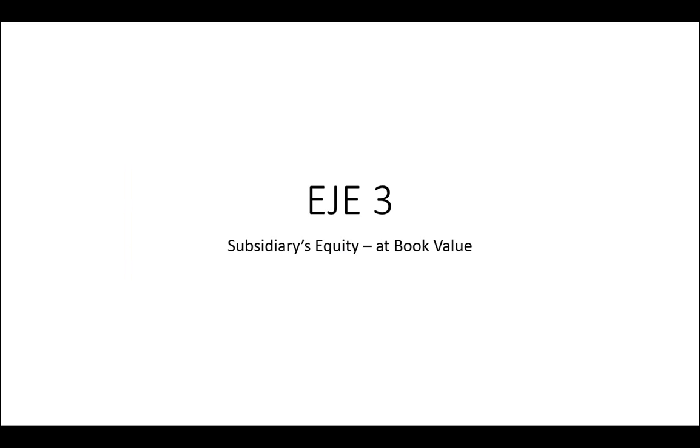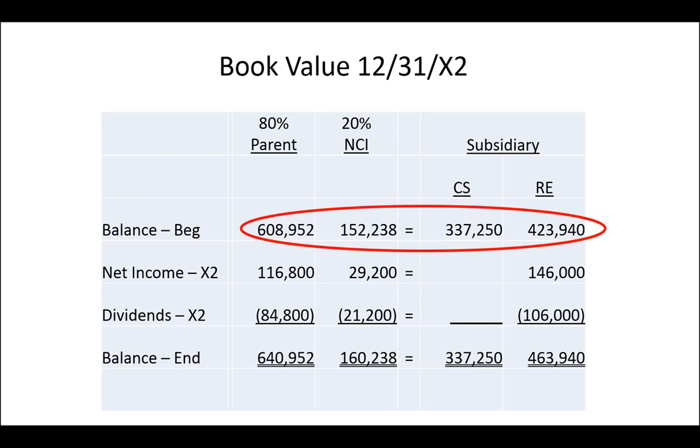We'll do the subsidiary's book value, which will come from the book value schedule as well. So as you can see, a lot of information is going to come from here. So we need to understand what goes into here so you can have a nice, easy place to go to get your information when you're preparing the EJEs.